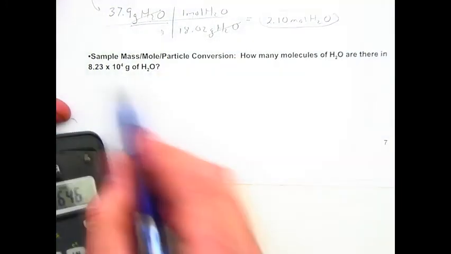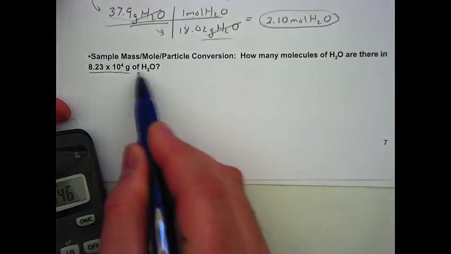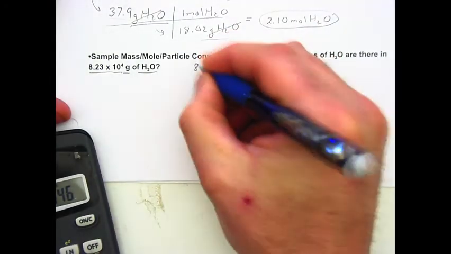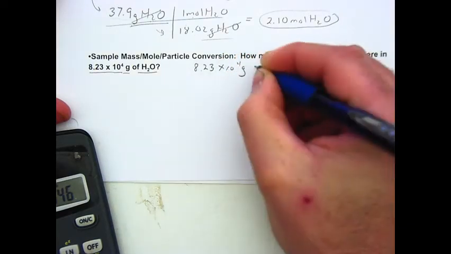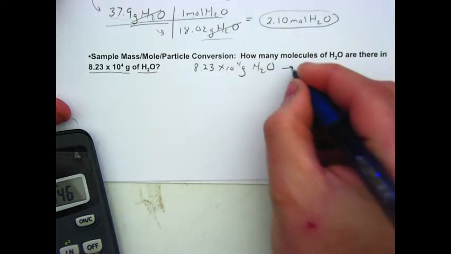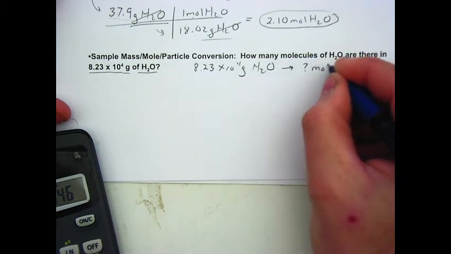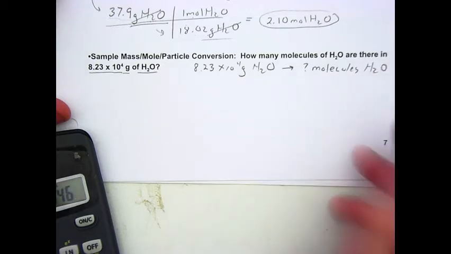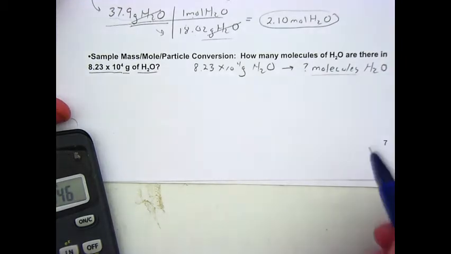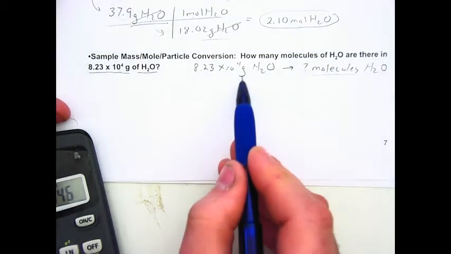So again, my starting point is the number, unit, and identity given in the problem. So that's 8.23 times 10 to the 4th grams of water. And the question is, how many molecules of water there are? Remember, do not abbreviate molecules because you might get it confused with moles.